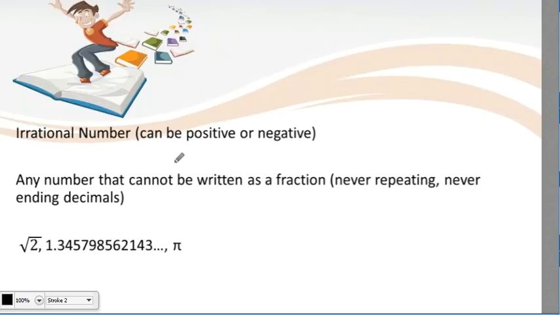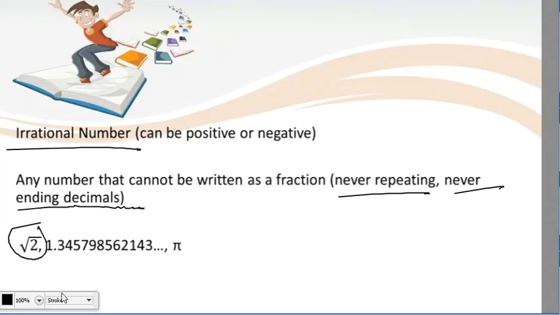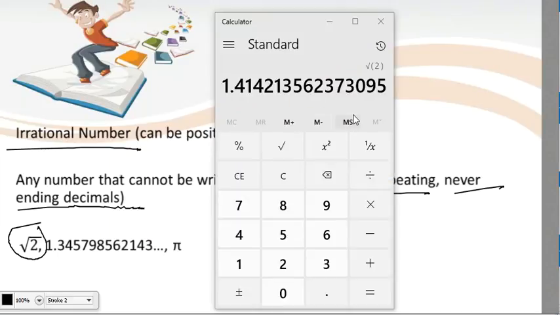The last classification that we need to talk about is irrational numbers. They can be positive or negative, and they are any number that cannot be written as a fraction. Okay, so these are basically never repeating, never ending decimals. So for those of you who have a calculator out, when you put square root of 2 in your calculator, you're going to get something that looks like this. 1.41421356.